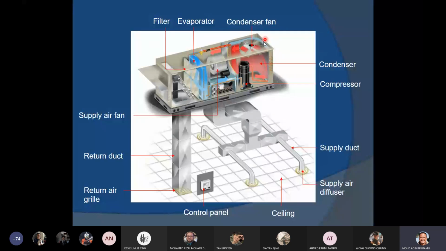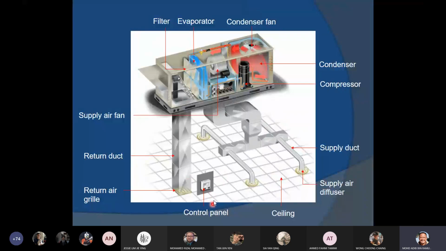When the condenser fan rotates, it pulls air from the outside, and it passes through the condenser, and then the heat is carried out from the top. So the air gets in from the side, and the heat is released from the top.